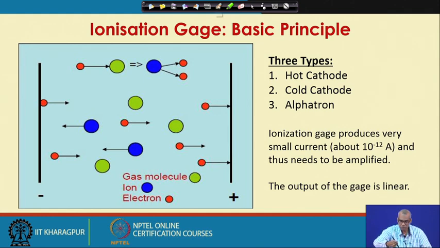So, let us look at this schematic. Electrons are passing through a potential difference. These are cathodes and anodes.